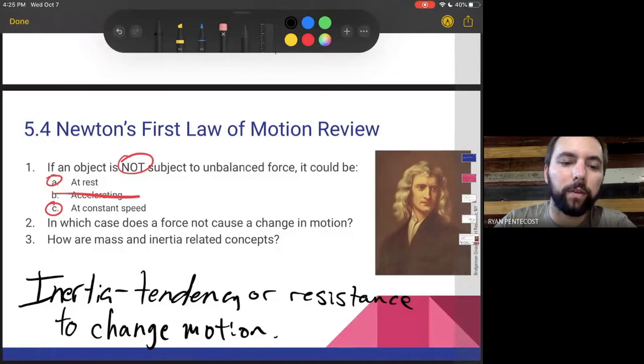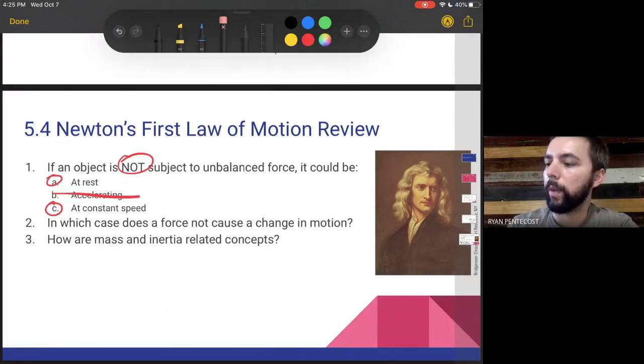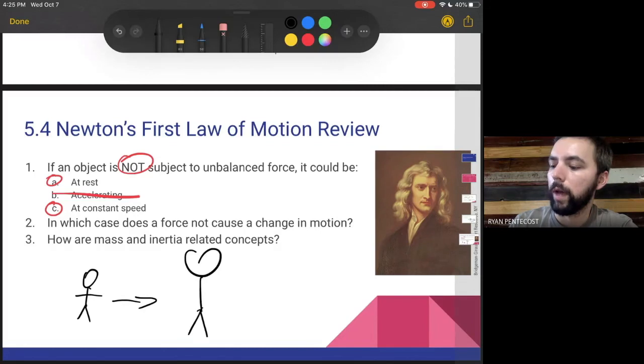Now, let's talk about maybe football. Football is a pretty good example. If we have a football player, a running back that is running at a linebacker, okay? The running back is obviously smaller than the linebacker. Let's say he has less mass. Now, as they collide, the linebacker obviously has more mass, meaning he has more inertia.